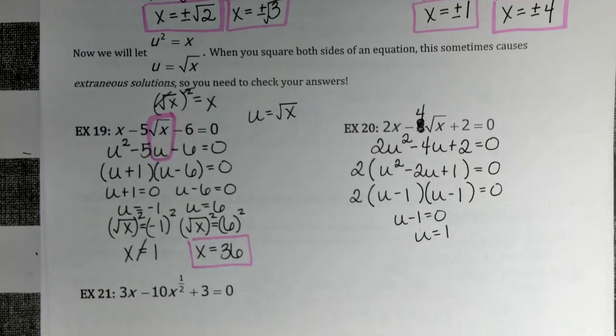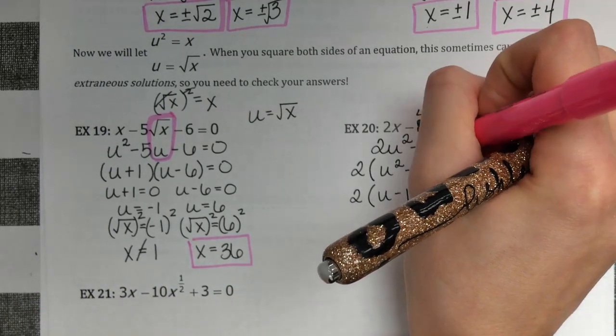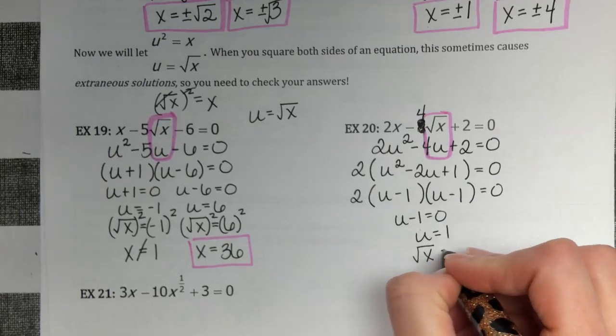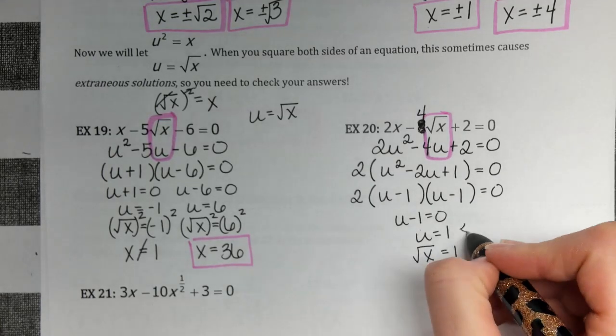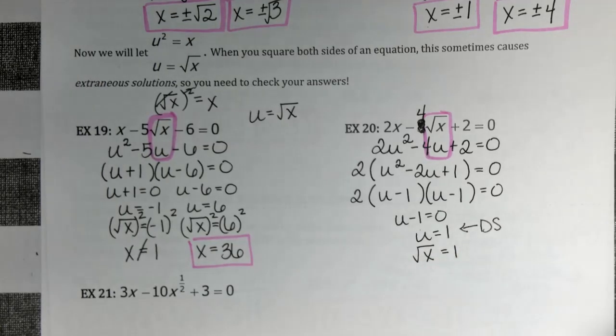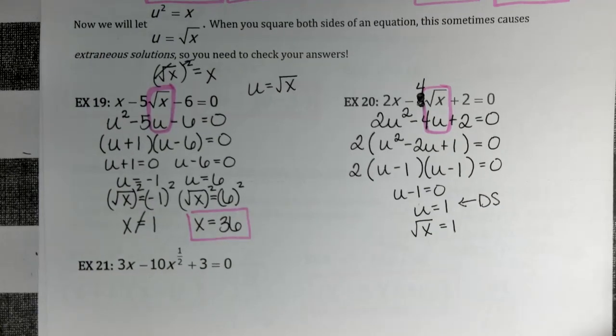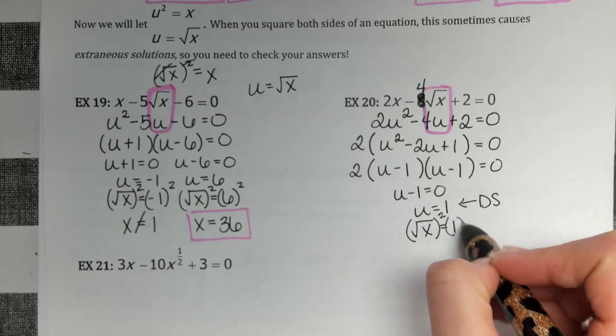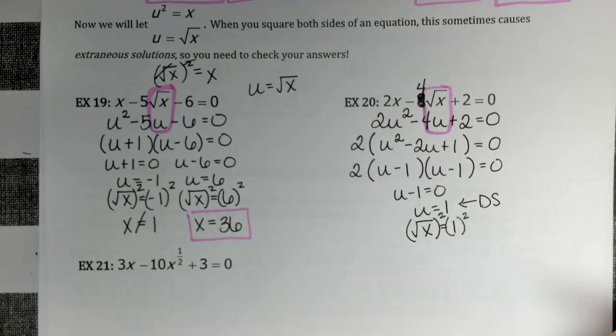But what is u? Square root of x. Yes, I heard that. Technically, that is a double solution. So then, to get rid of the radical, I square.